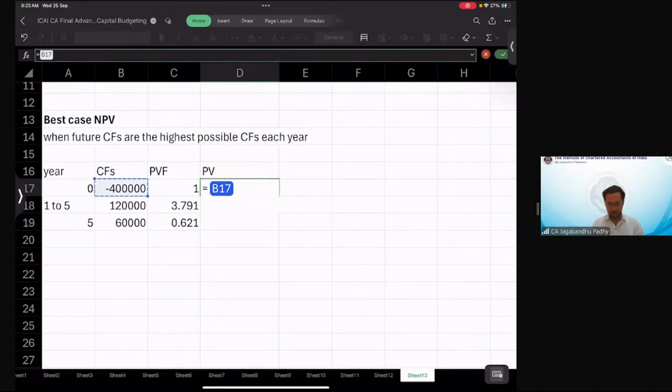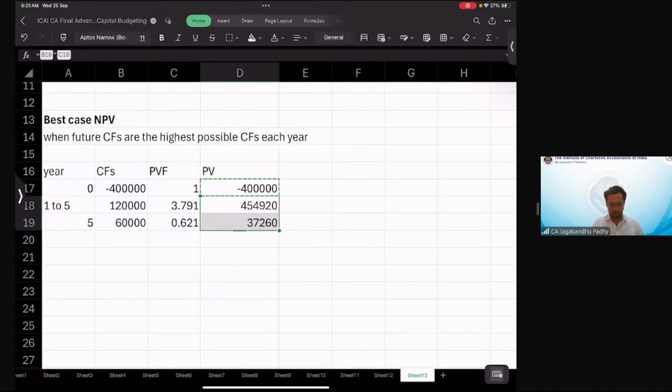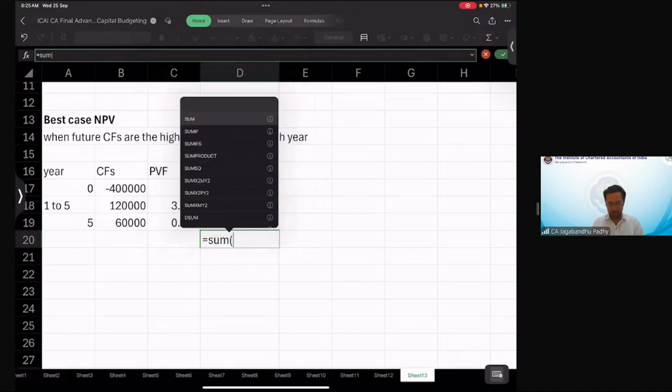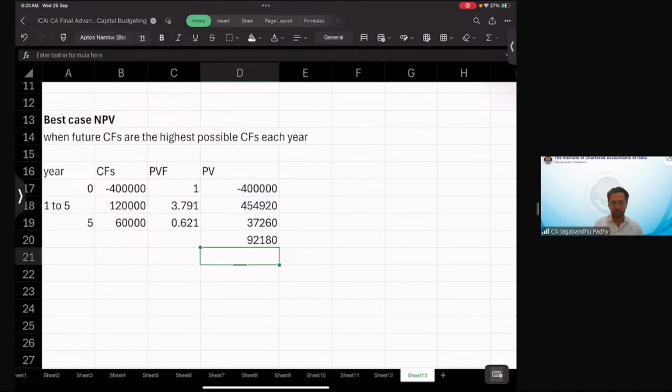So present value will be cash flows multiplied by PV factor, and then we take a sum of this entire expression. The best possible NPV is 92,180. That's the best possible cash flow which we can get.